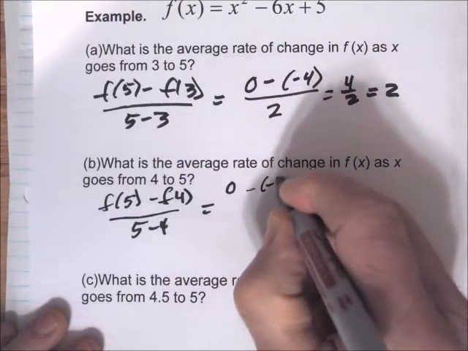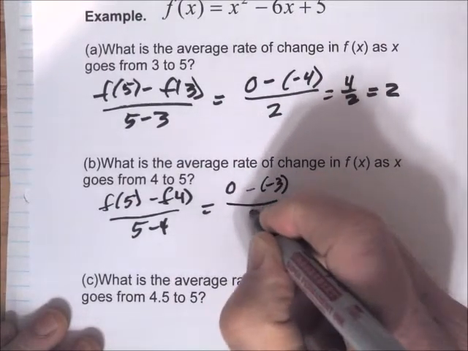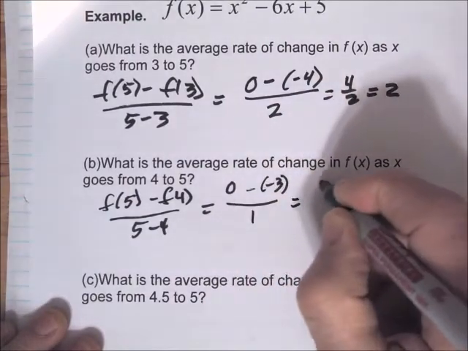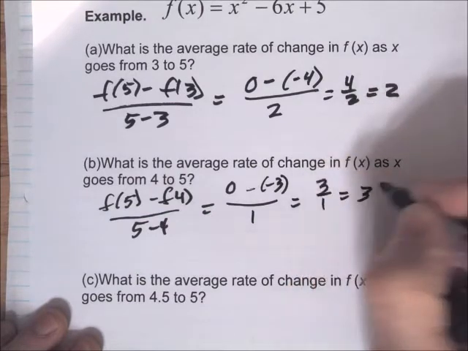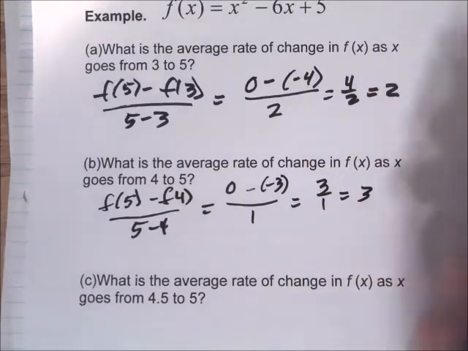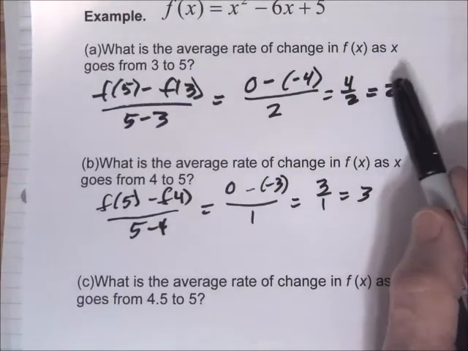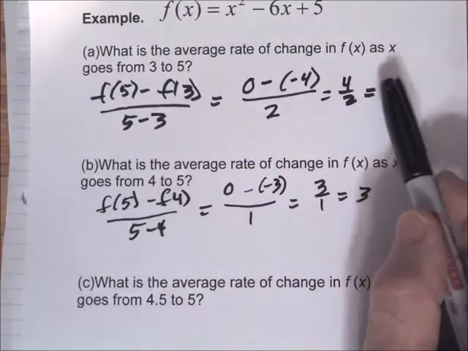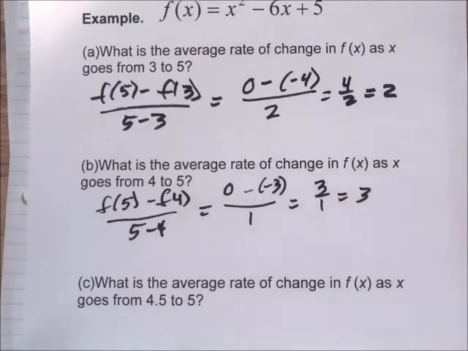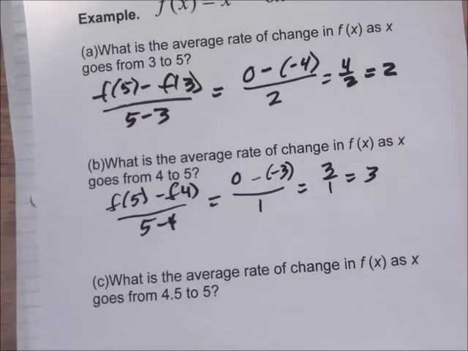So this is 0 minus a negative 3 over 1. Double negative is positive, so this is 3 over 1, which is 3. So the average rate of change as x goes from 4 to 5 is 3. So you see the slope is increasing. It was slope 2 from 3 to 5, but from 4 to 5 it's a little steeper. The average rate of change is 3.